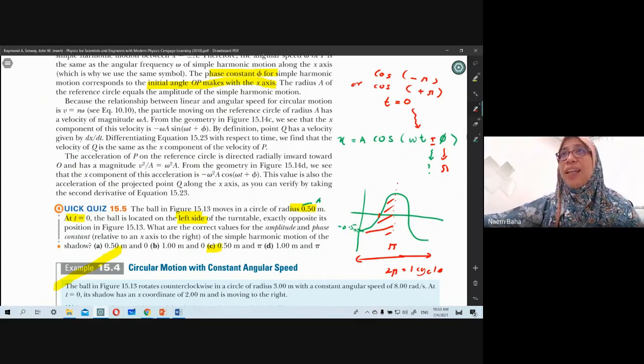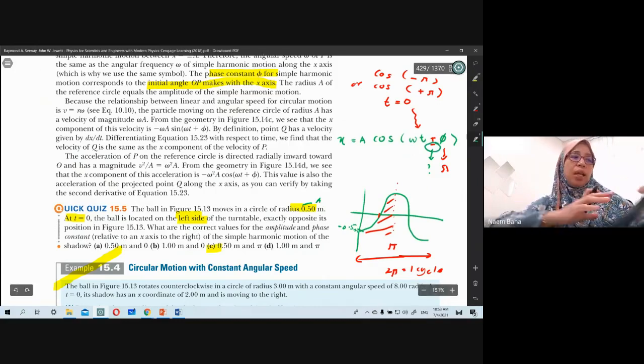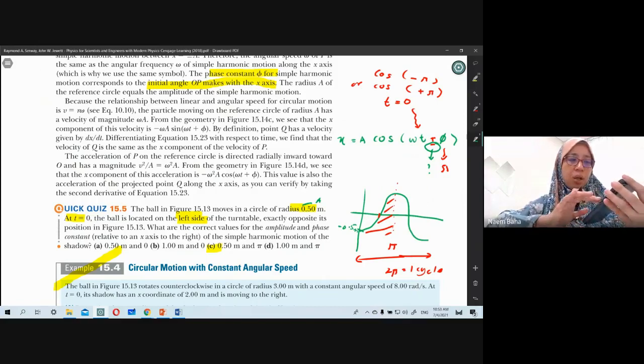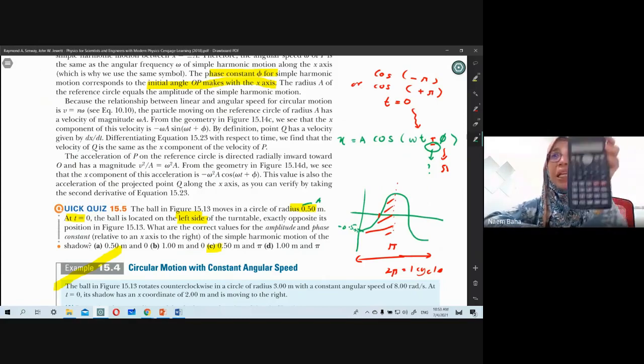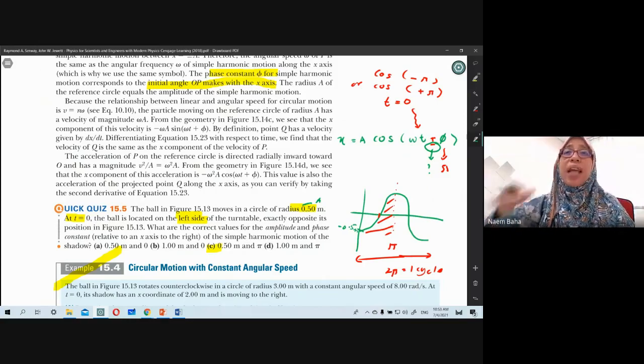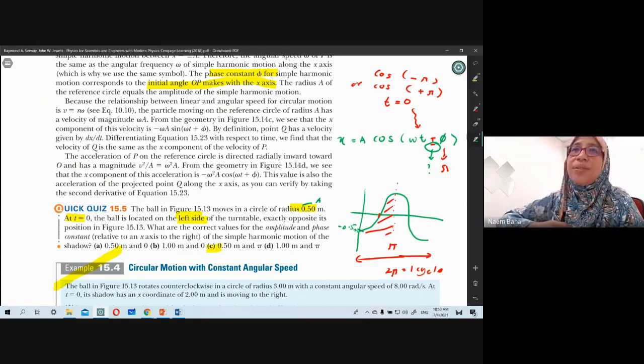You will find that the answer should be, which one? Let me just double check. Cos negative pi, sorry, is negative 1. Negative 1 times the A, which is 0.5, we will arrive at negative 0.5. So that's how you decide that it's negative.